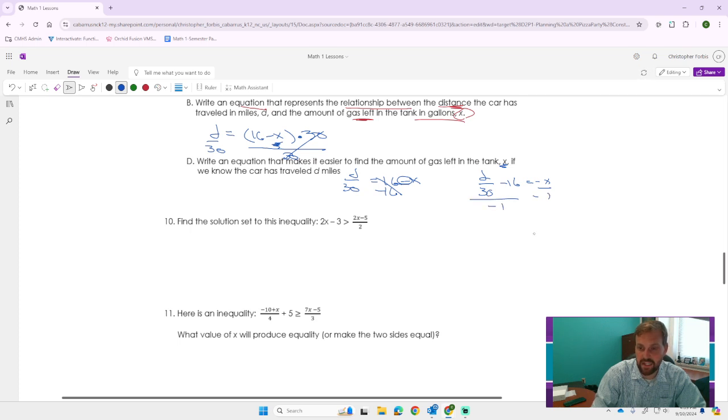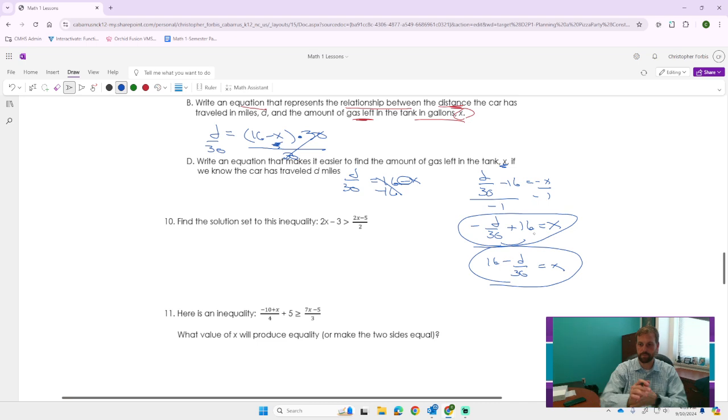And when I divide by negative 1 or multiply by negative 1, it changes the sign of everything. So really this is negative d over 30. Instead of negative 16, we get plus 16 equals positive x. And that's our answer. If you want to rewrite it to make it a little bit cleaner, you could switch these around and say 16 minus d over 30 equals x. Either one's fine.